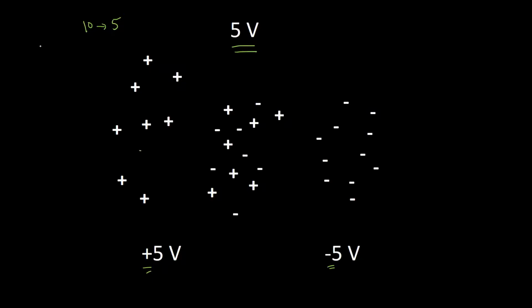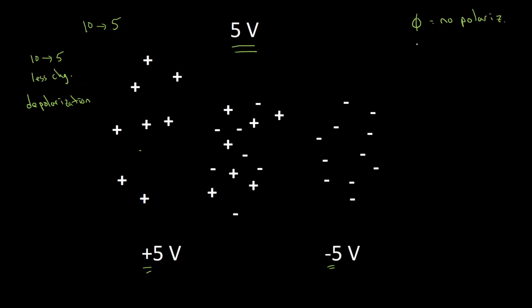Now, when we go from 10 to 5, that means less charge is separated. That is going to be called a depolarization. First of all, when there's no separation of charge, there's no polarization.